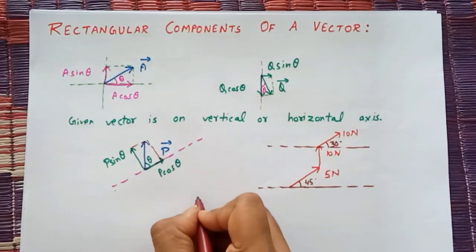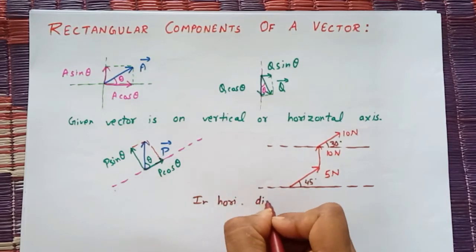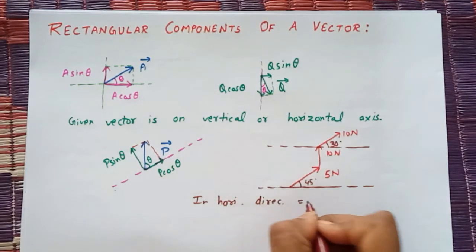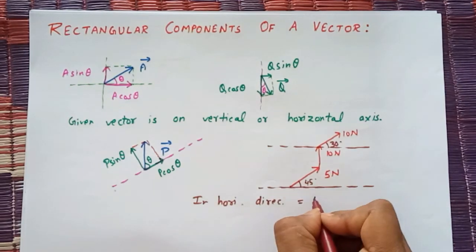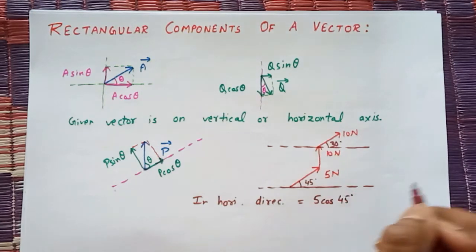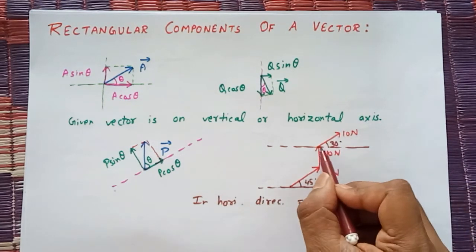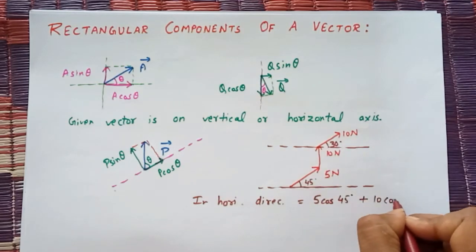So in the horizontal direction, this is 45, so this component will be 5 cos 45. Any other component? Yes, this component 10 cos 30, added by 10 cos 30.